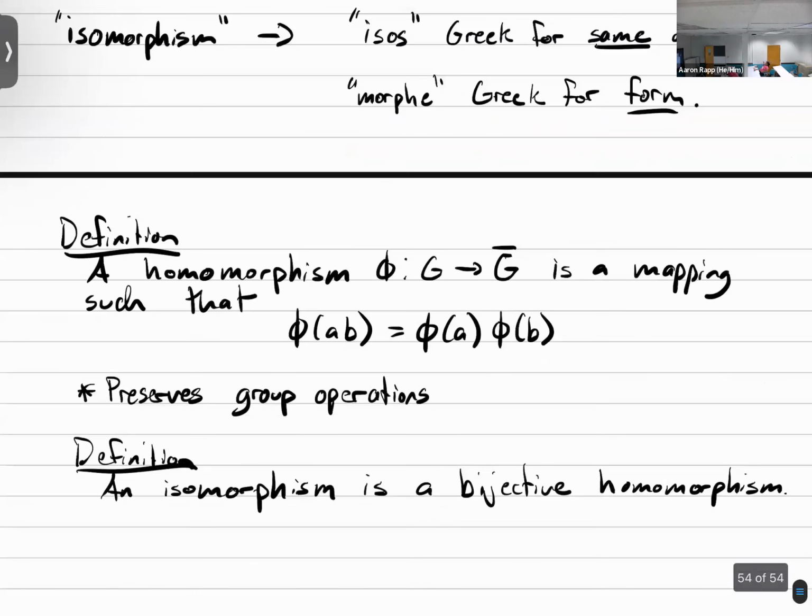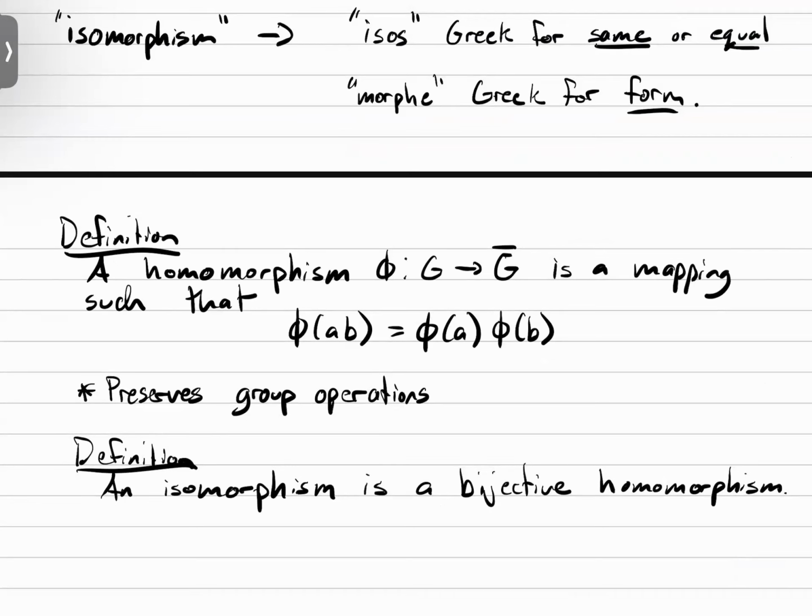So an isomorphism is just a bijective homomorphism, and what did I say homomorphisms are doing? They preserve what? Group operations. Yeah, they preserve group operations. Technically you could have cheated, it's right there on the board. But yeah, it preserves group operations.